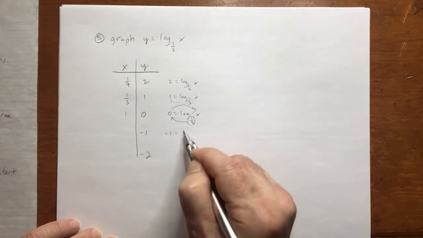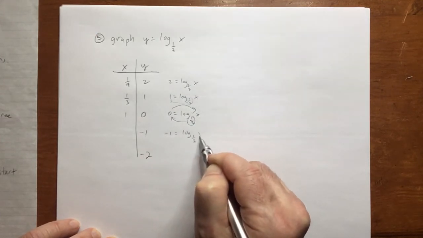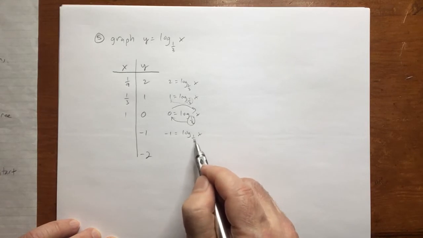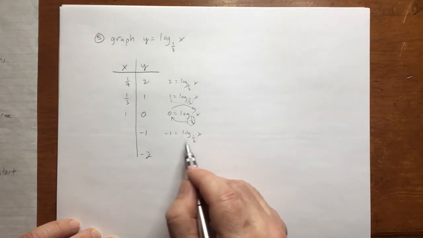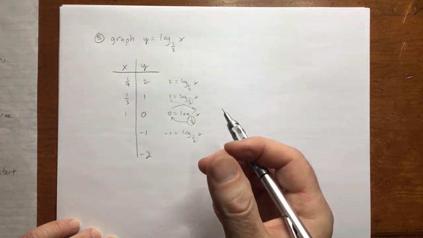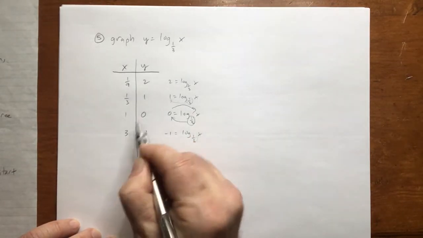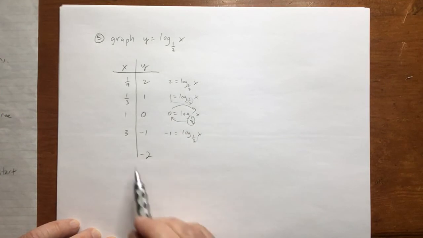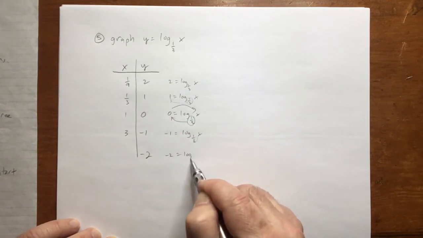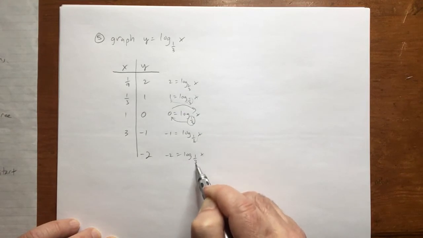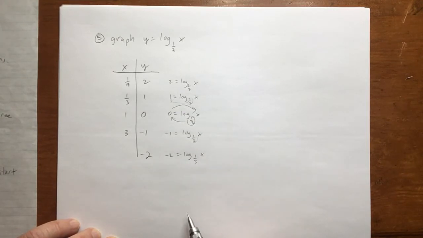So -1 equals log base 1/3 of x. So 1/3 to the negative first. Remember, a negative exponent, we flip it. Flip the 1/3 and I get 3, and we did multiply by 3 again. So we should be able to guess what this is. 1/3 to the negative second. Flip it and we get 3 squared, or 9.